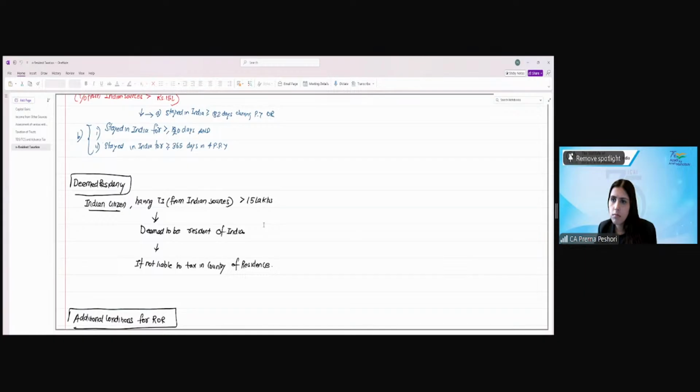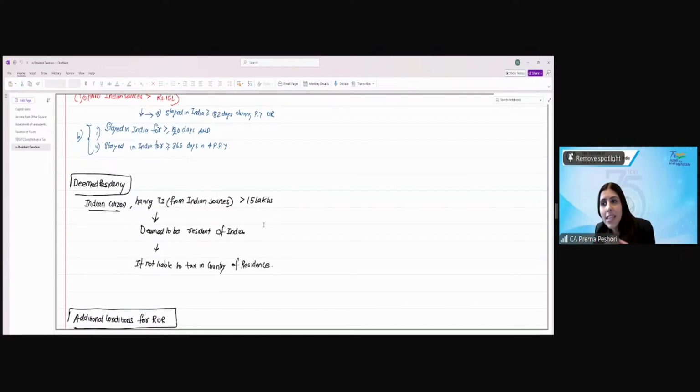Ma'am, the tax rate will be different for non-resident. Very good. So the tax rate for a resident and the tax rate for a non-resident is different. It's not that for an Indian citizen, they are giving some concessions.